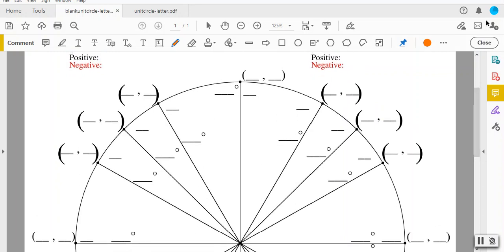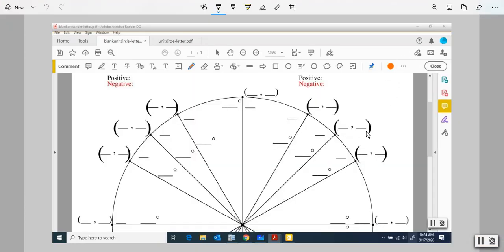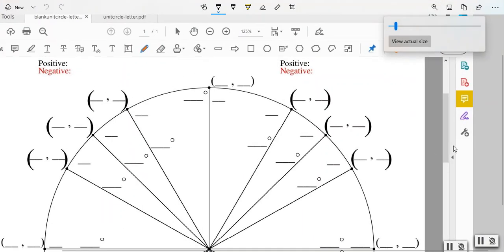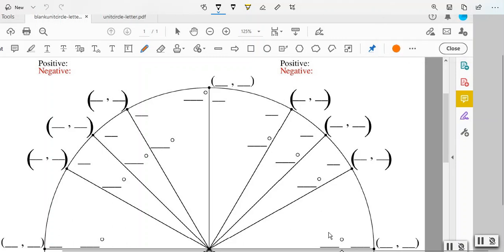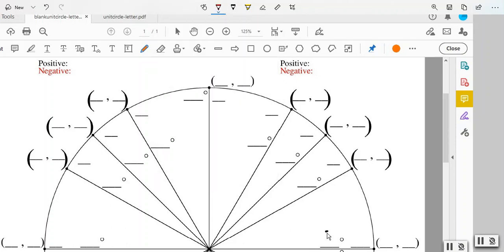If we put that, right here we found 0. So that's 0 degrees, and that's 0 radians. And then we have 1 comma 0.